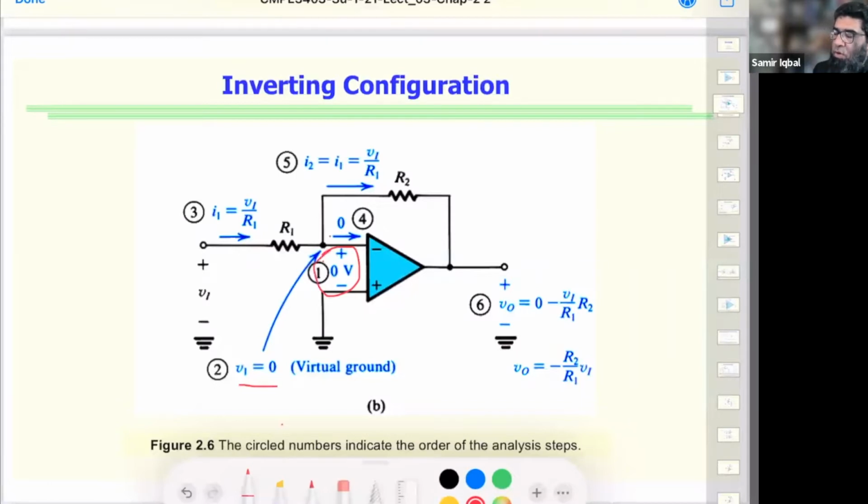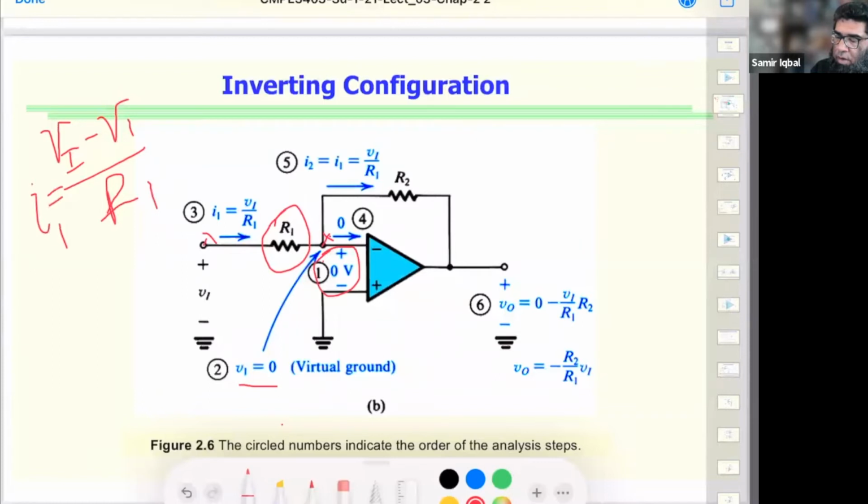If that's 0, how do we calculate the current that's coming in between this point and this point? It would be VI minus V1 divided by R1. That should be the current I1. But this guy, we say this is at virtual ground. So this is 0. So what we are left with is the I1 current.